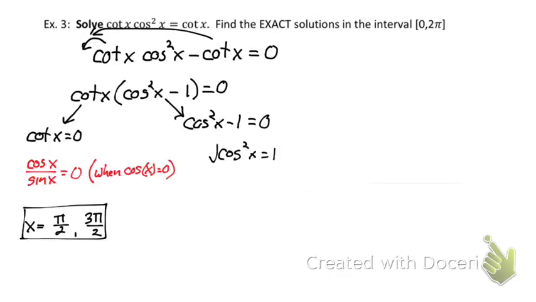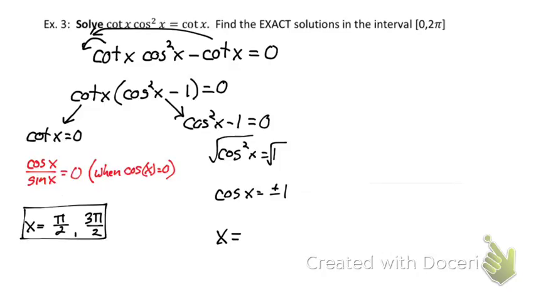Okay, so we're going to end up with cosine squared x equals 1. Take the square root of both sides, and that gives me plus or minus 1. Cosine x equals plus or minus 1. This is a very easy one to miss maybe a half point on, because I'd only take a half point off for this.